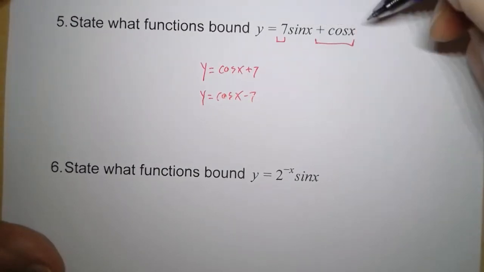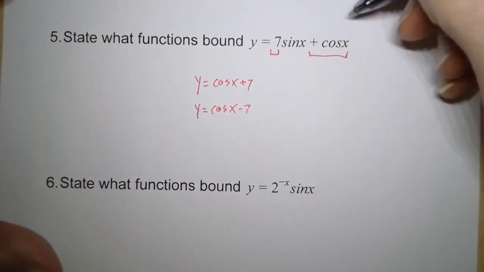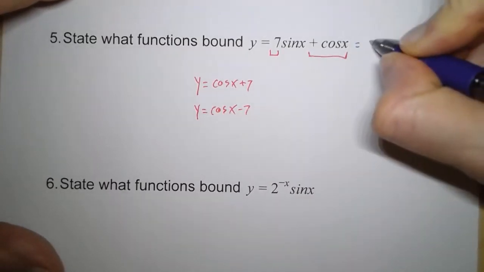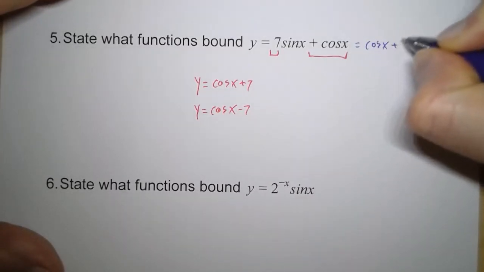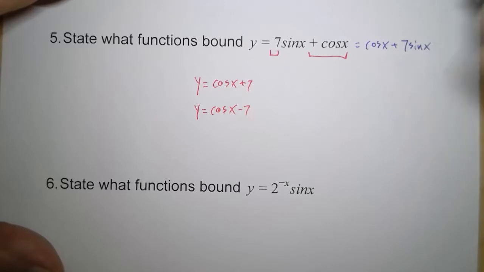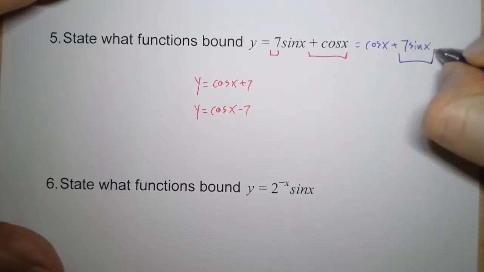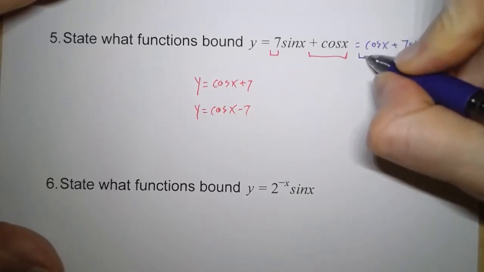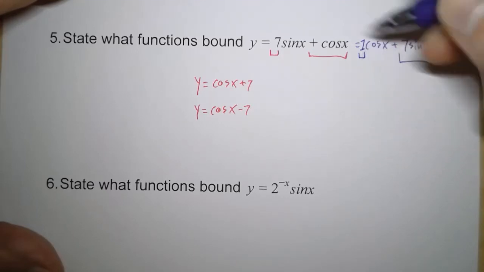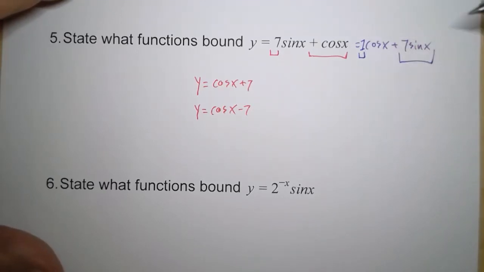But remember that addition is commutative. And because of that, I could rewrite this like this: cosine of x plus 7 sine of x. I could treat this as the vertical shift, and I could treat 1, because that's sitting there invisibly in front of cosine, as the amplitude.